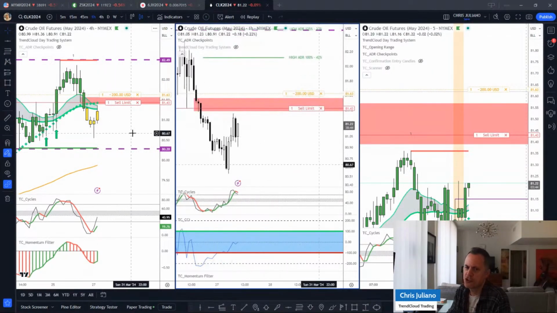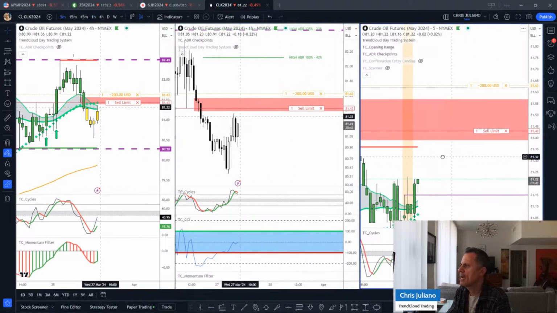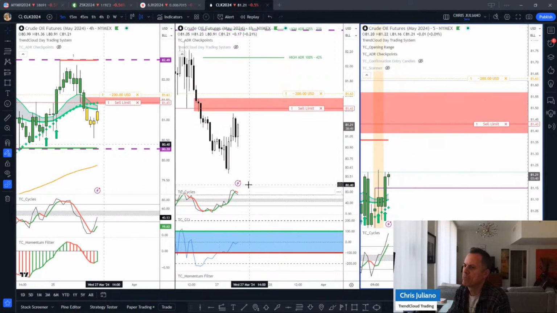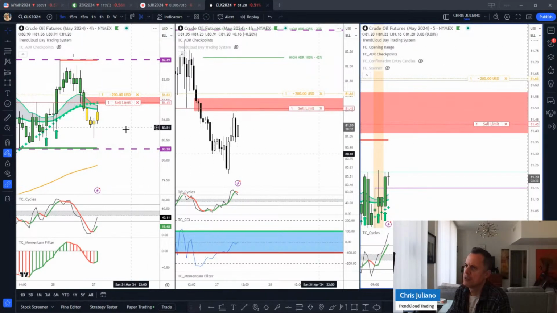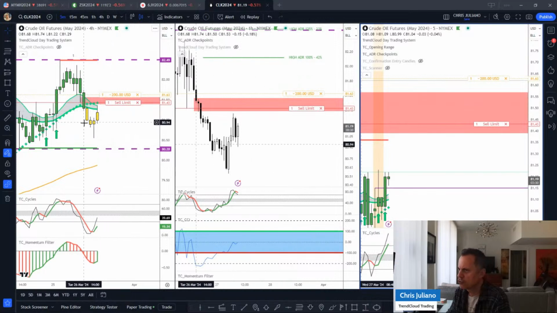Let's take a couple of shots at this bull trap here, because we are at a drop-base drop supply zone. We are below the trend cloud on the 4 hour chart. We are cycling up, which makes sense because we have to reach that area.